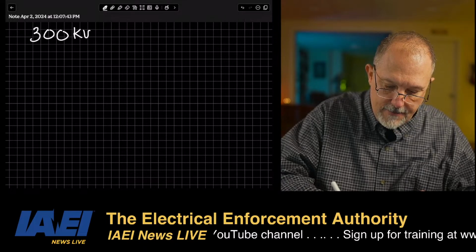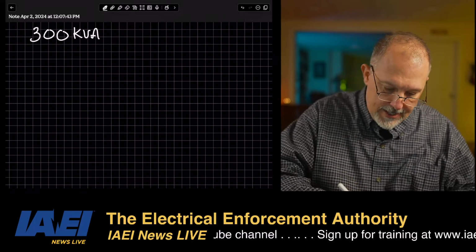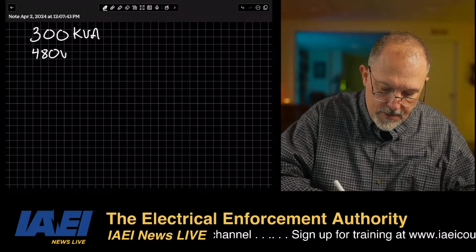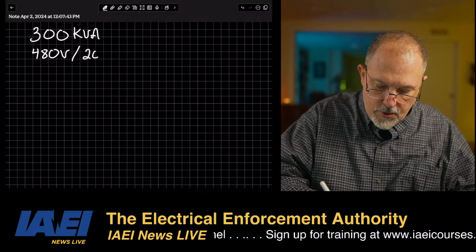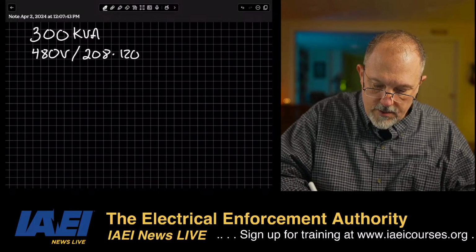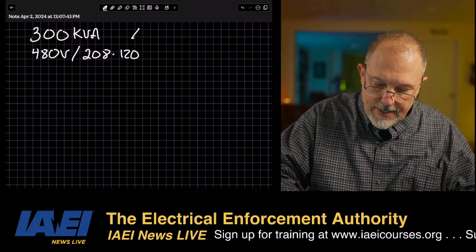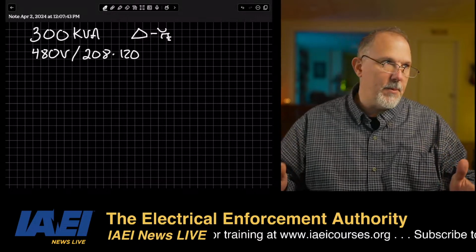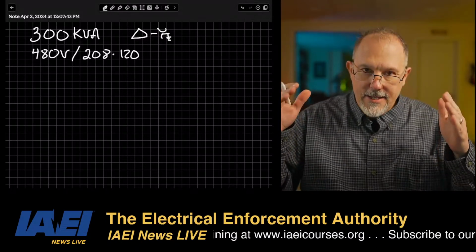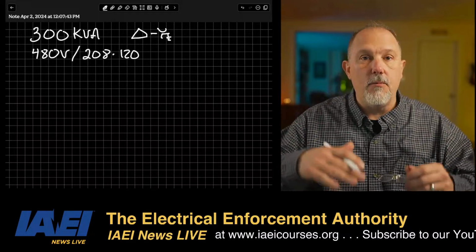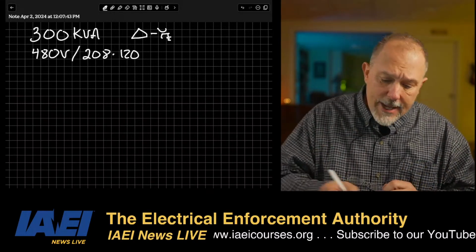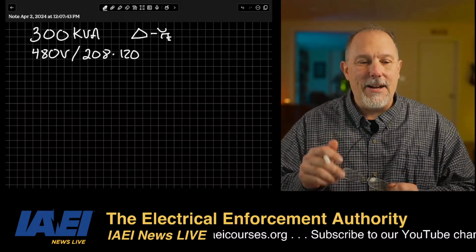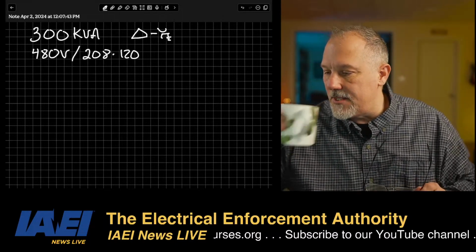It's a 480 volt primary to 208/120 in a delta Y grounded configuration, probably a very common configuration that we see.